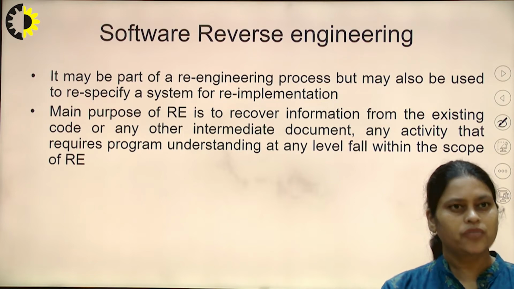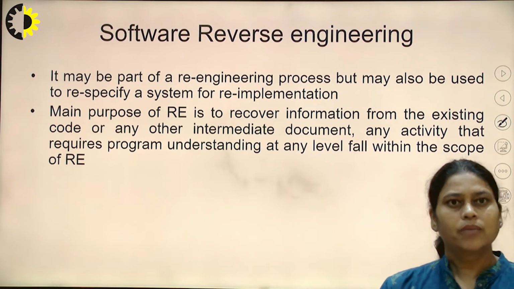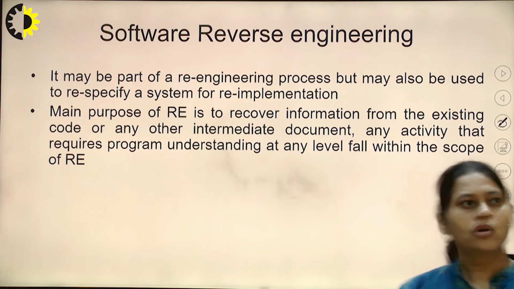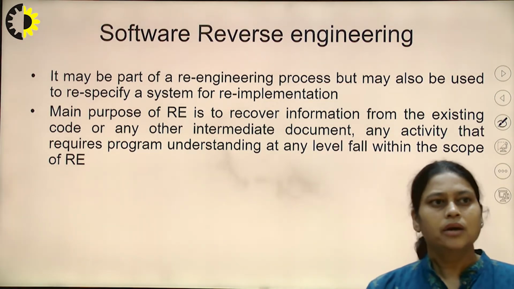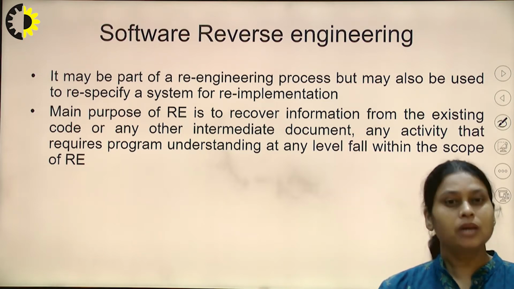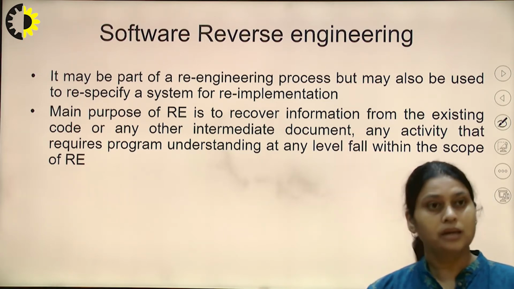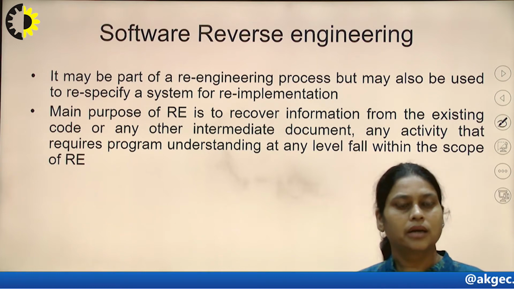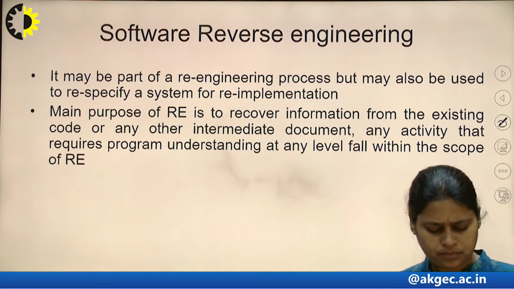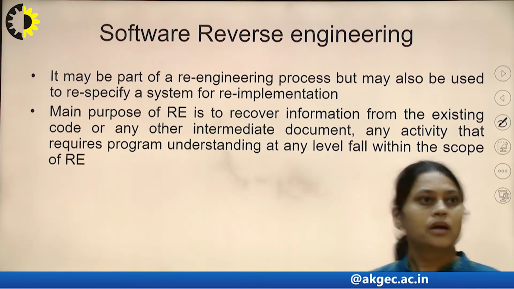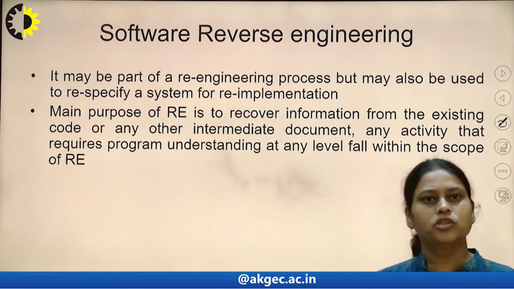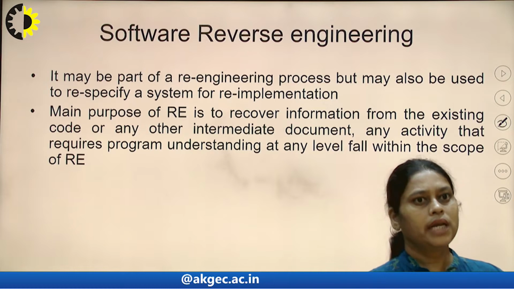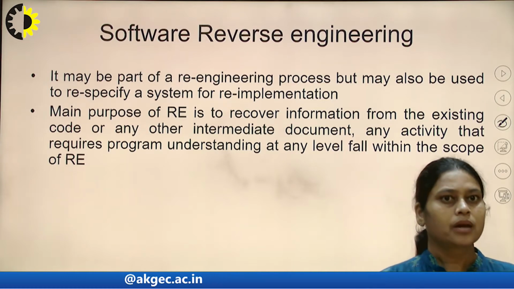Software reverse engineering is a part of the re-engineering process, but it may also be used to specify a system for re-implementation. The main purpose of software reverse engineering is to recover the information from the existing code or any other intermediate document.